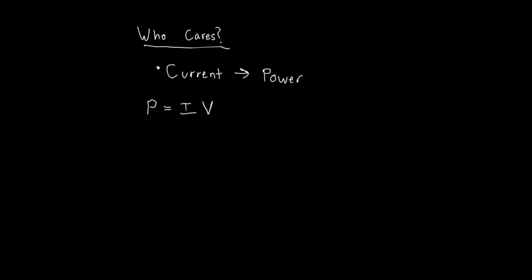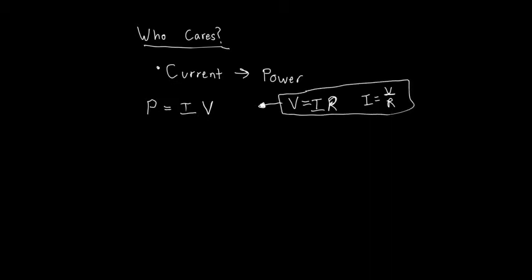And what we can do is start substituting in variables according to Ohm's Law, which tells us V equals IR. Or we can shuffle this around a little bit. We can do some basic algebra to see that I is equal to V over R. So we can use these two equations, V equals IR and I equals V over R, to substitute in for I or V in my power equation.